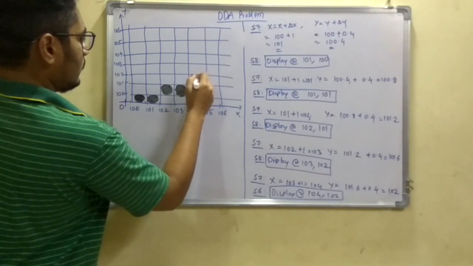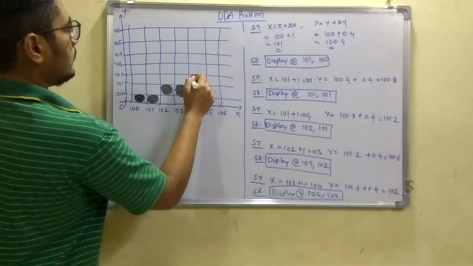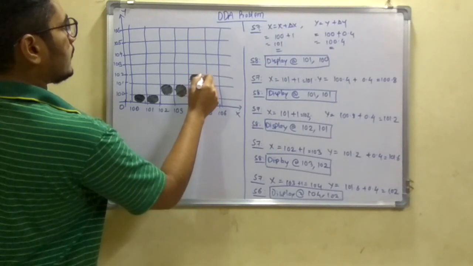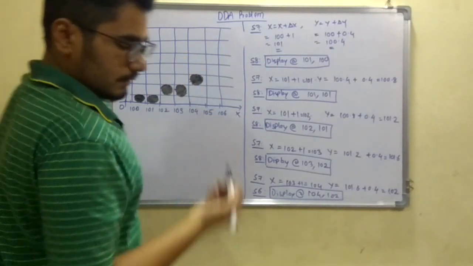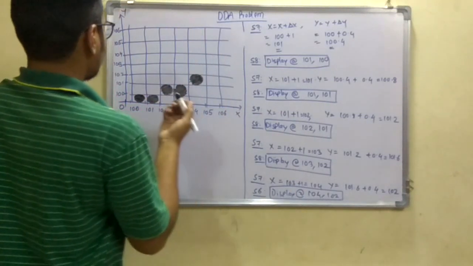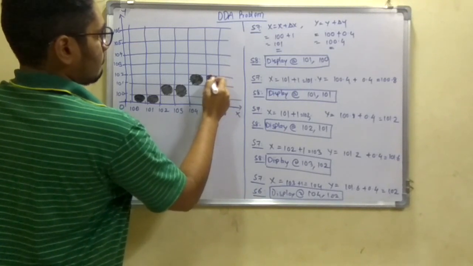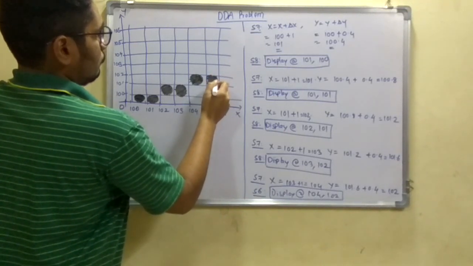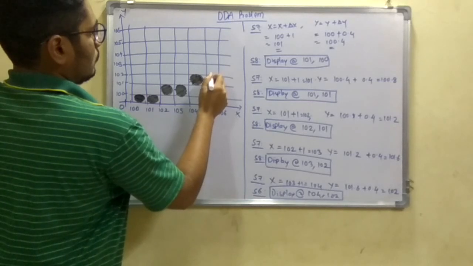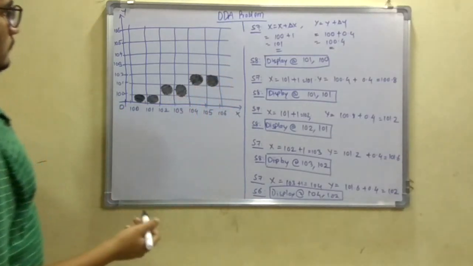So this is that pixel where you want to put up the light, so that finally you can see the straight line passing through this. And the very last point, that is the sixth pixel which we are talking about, is 105 and 102. So it is also the neighbor of 104, 102.